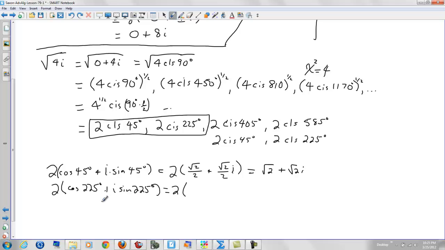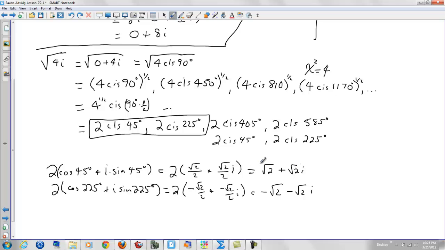In the third quadrant, cosine is negative and sine is negative, so both of these will be negative square root of 2 over 2. And again, expanding, I get negative square root of 2 minus square root of 2 i.